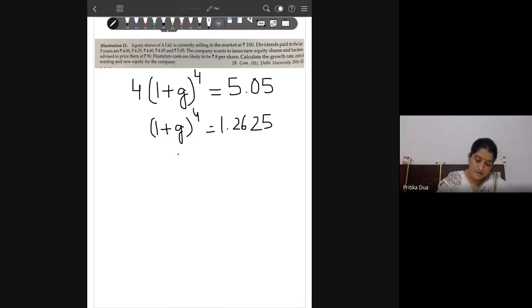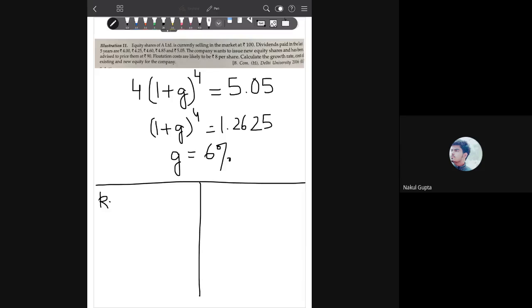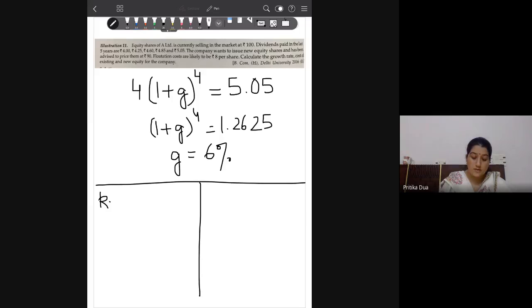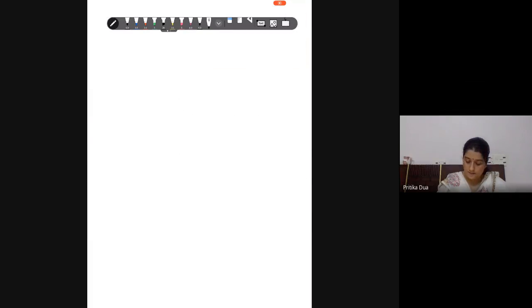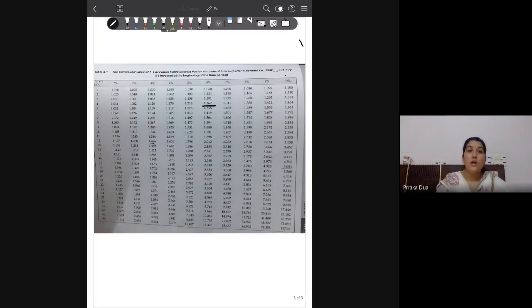the next part is asking you to calculate the cost of existing equity, for which I told you. Student: Ma'am, how is this 6% for KE? Beta, on the future value table, your growth rate, you will use the future value interest factor table. I am moving back to the previous screen. So the growth has been observed in 4 years.